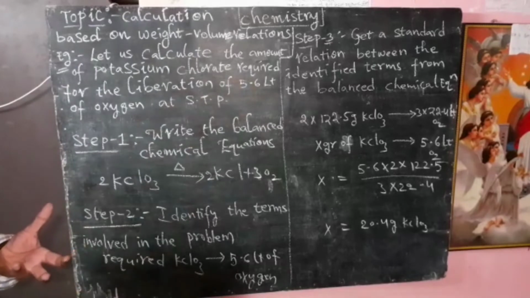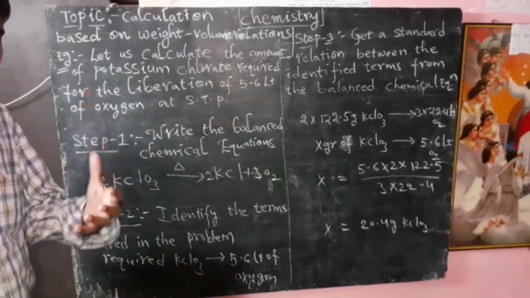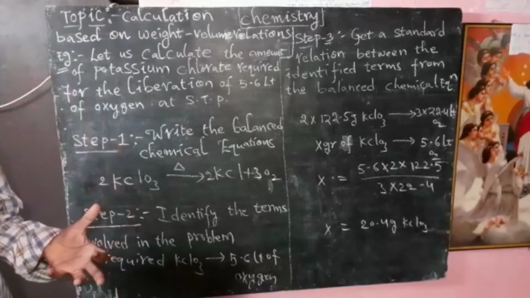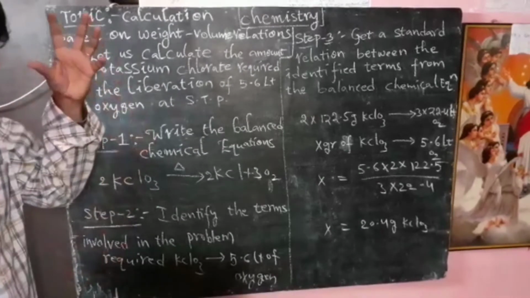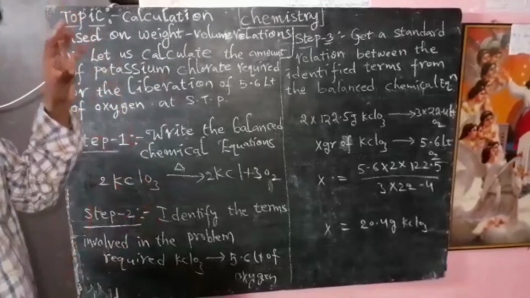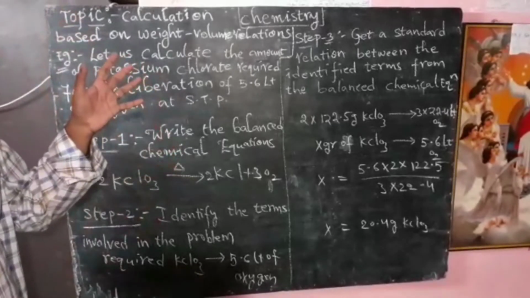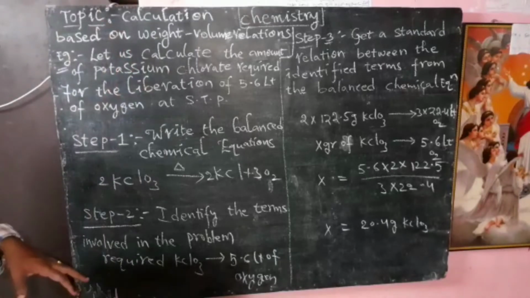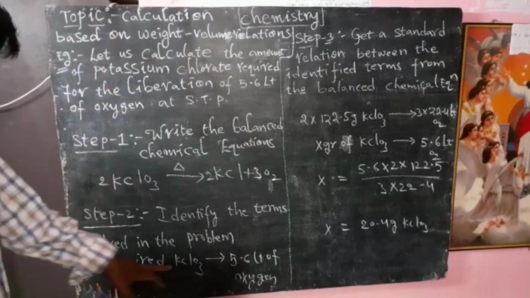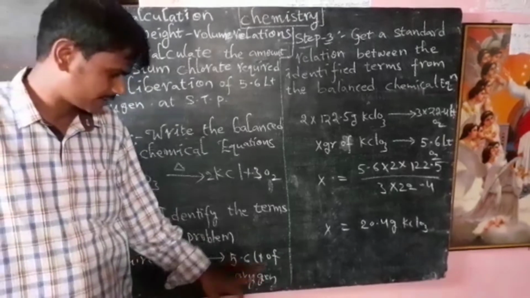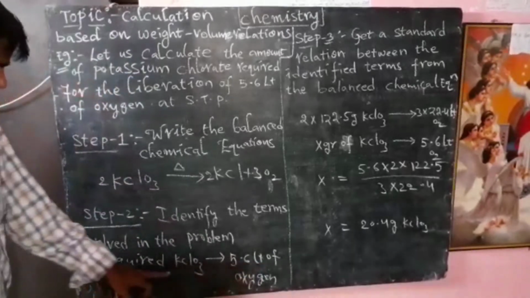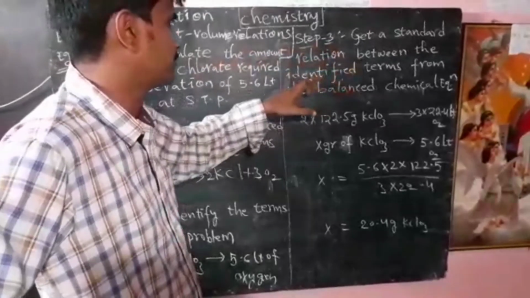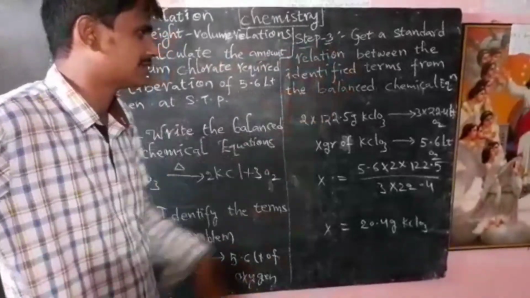Whatever compounds are involved in the chemical equation, what gaseous products are obtained, how much gaseous product is obtained, and how much is required to produce that amount of gaseous substance. Step 3, get a standard relationship between the identified terms from the balanced chemical equation.